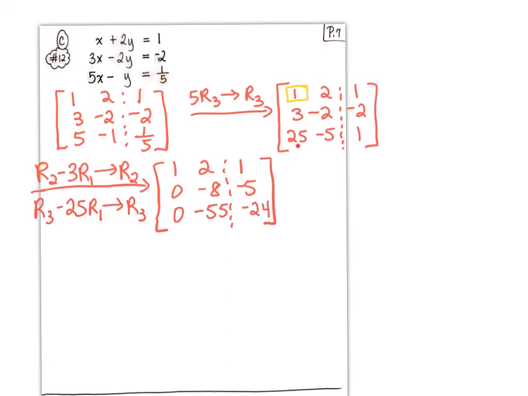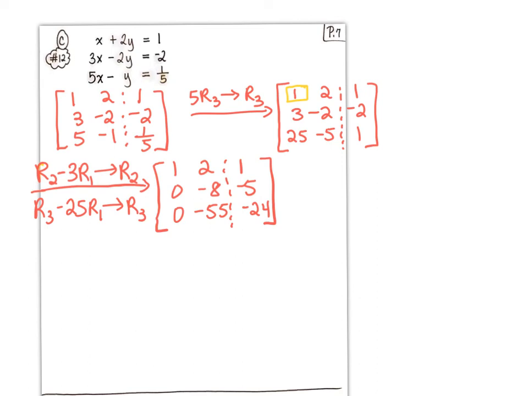So you would have 25 minus 25 times 1, 0. Negative 5 minus 25 times 2, so that's negative 5 minus 50. You get negative 55. And then 1 minus 25 times 1 gives us negative 24. Okay? Good. Now, what did you do?